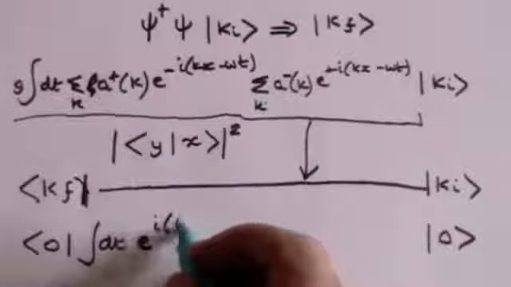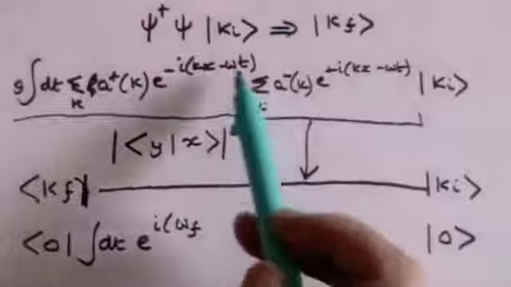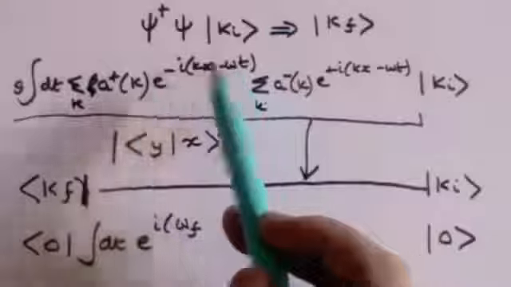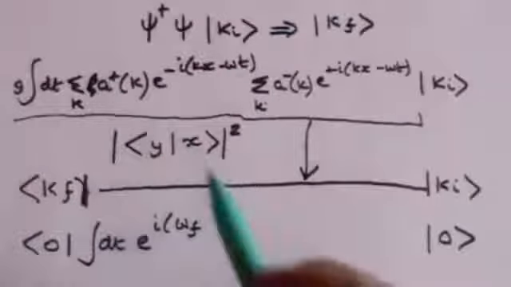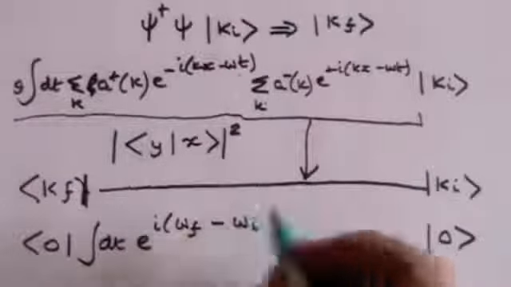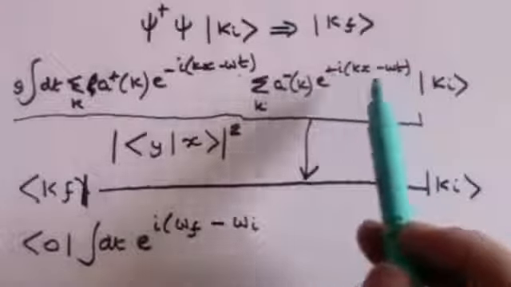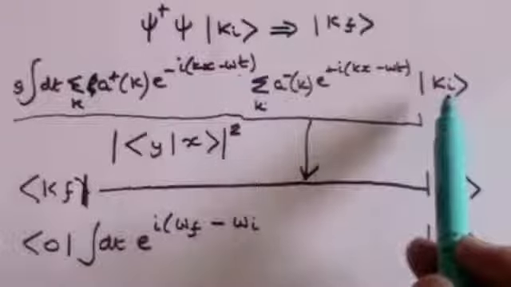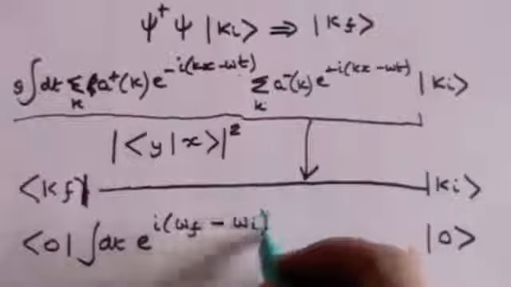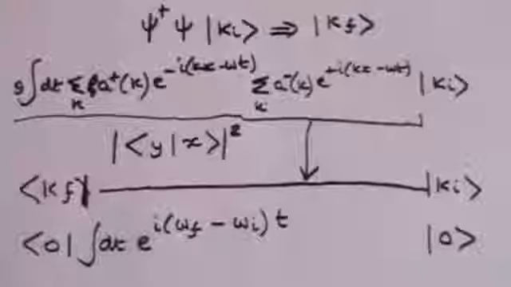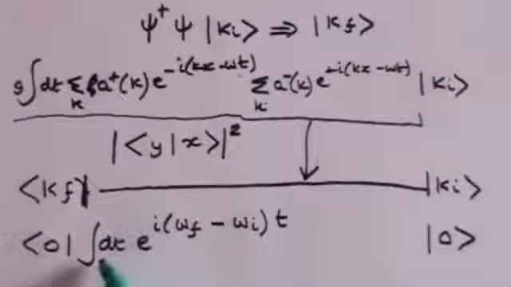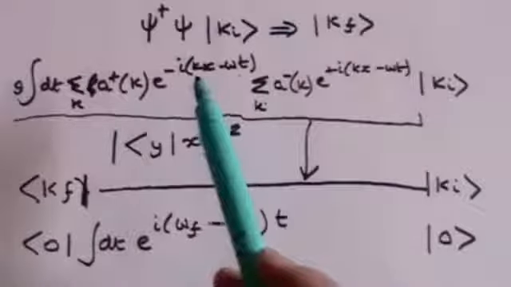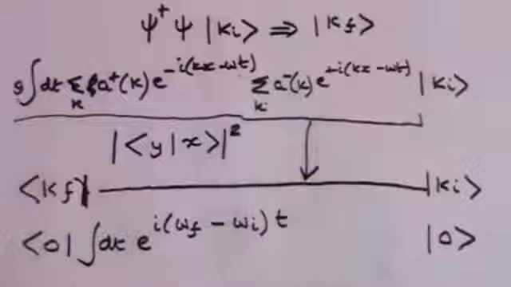So I'm going to get e to the i omega f, which comes from here, because that's a minus times a minus, so that's a plus omega final, because it's associated with the final term, minus omega initial, which comes from here, that's the plus times a minus, a minus omega, and that's associated with the initial particle, t. And that's all that's left. So we've got this integral over time of that exponential. The k, remember, went because x is equal to 0.